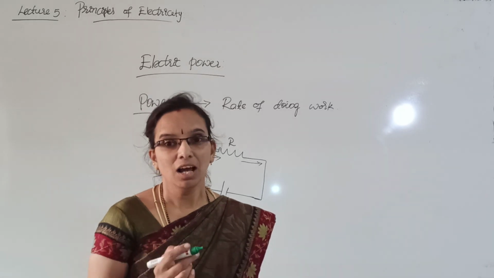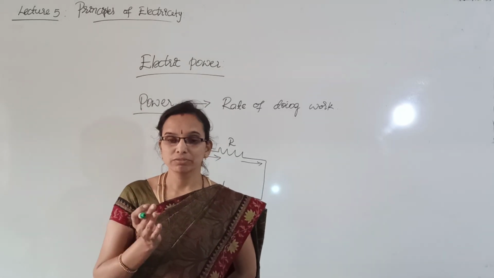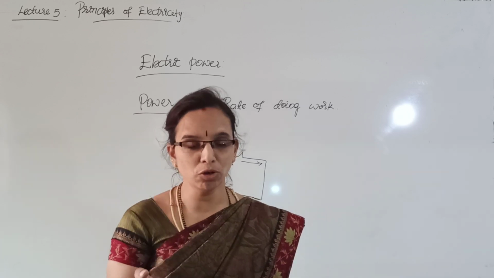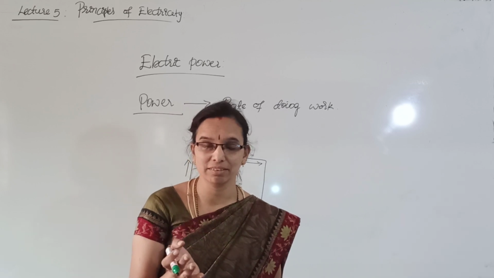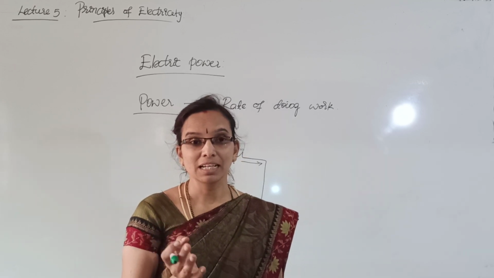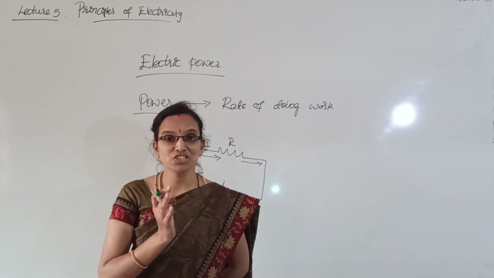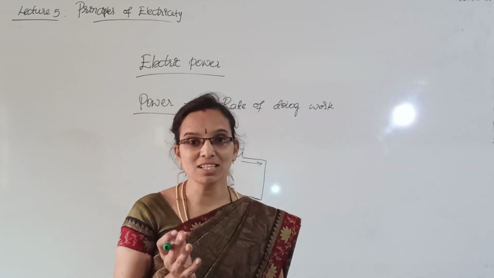Charges should flow means you should apply potential difference. That means work should be done, right? Work should be done in a certain duration of time. Then that is called power.